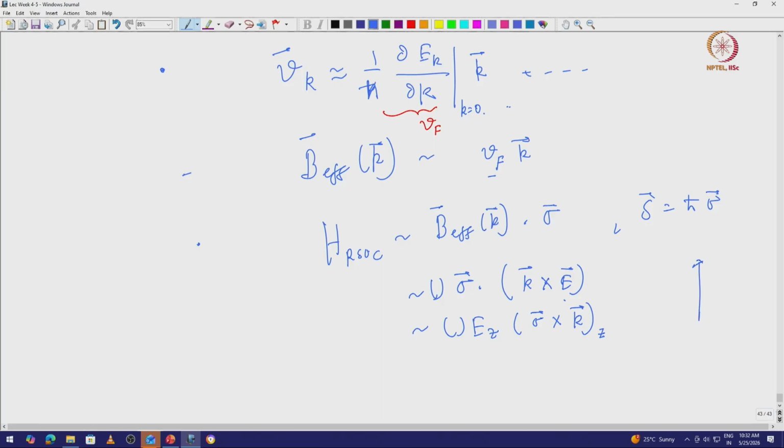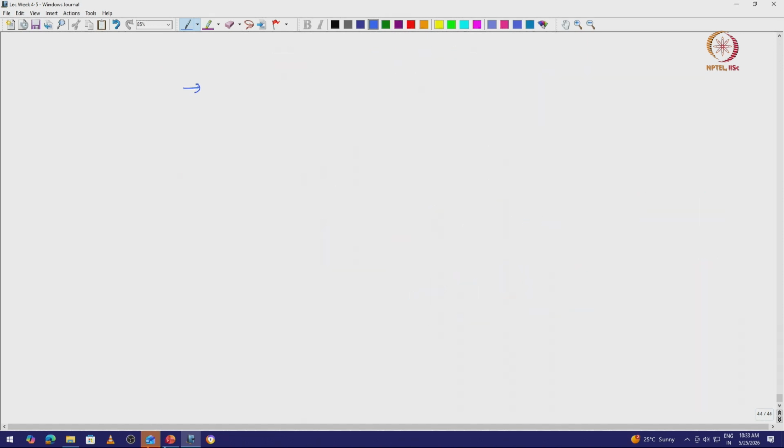So if I have an electric field along the z direction, the electron is moving in the kx ky plane. So these are only defined in the kx ky plane, and this is sigma x sigma y. So now we put everything here. Rashba spin orbit coupling.